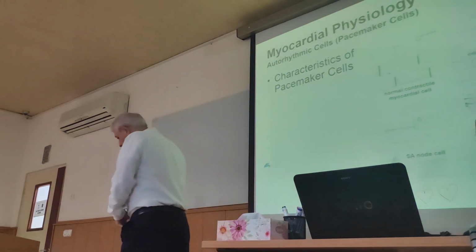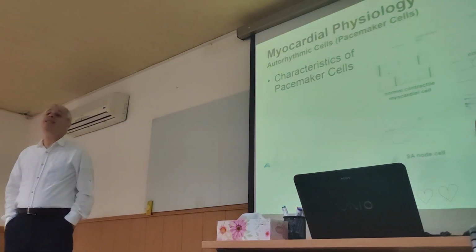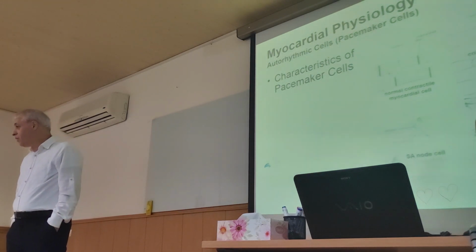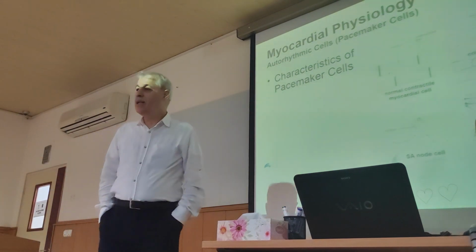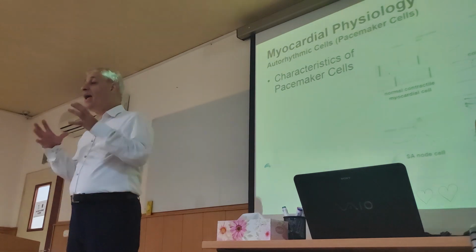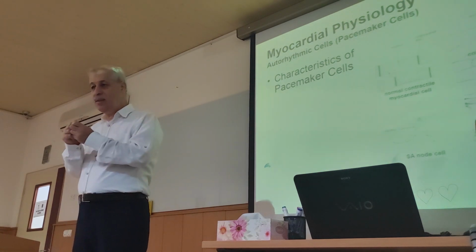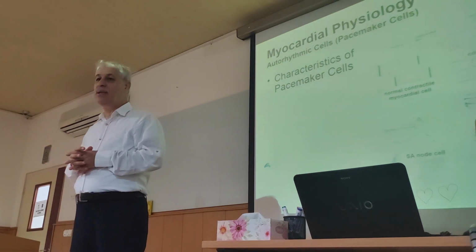So we have two syncytia in the heart: the atrial syncytium and the ventricular syncytium. That means they function in isolation, each simultaneously. The atria can function simultaneously, and the ventricles can function simultaneously.